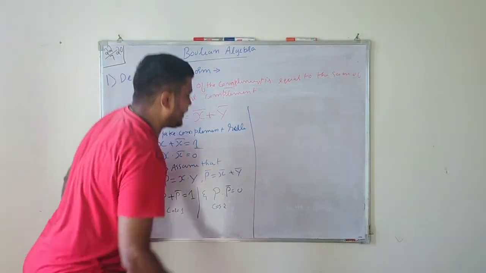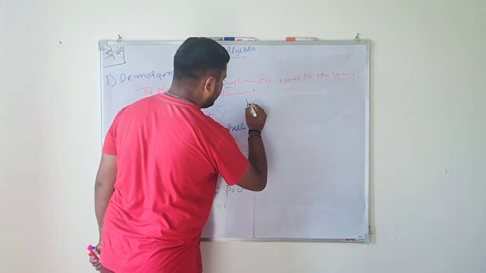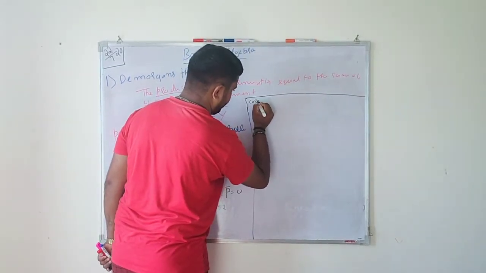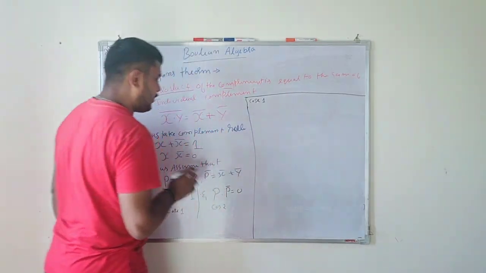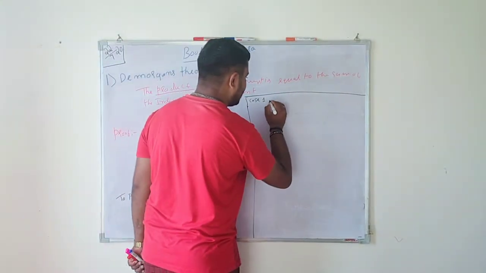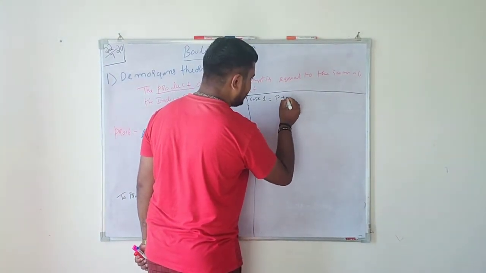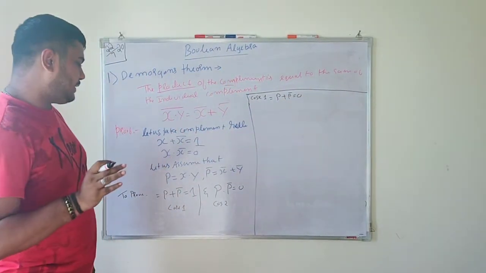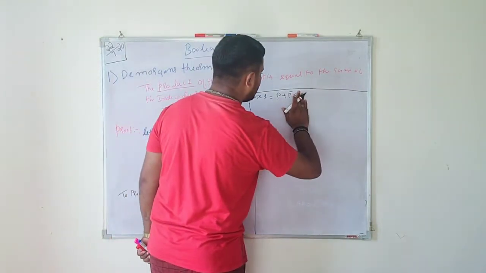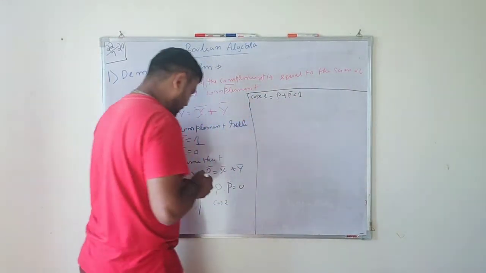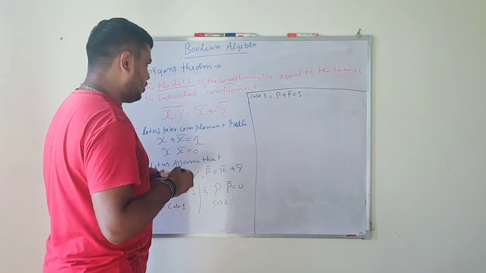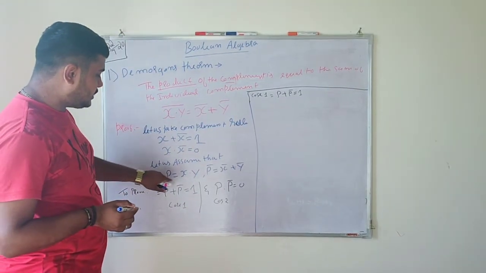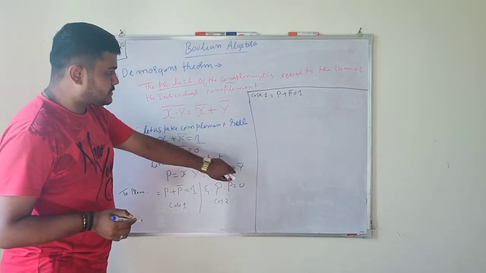So now let us solve case 1 and case 2. Let us solve case 1. For case 1, we should prove that P plus P bar is equal to 1. How do we prove that? As we have assumed, P is equal to x into y and P bar is equal to x bar plus y bar.